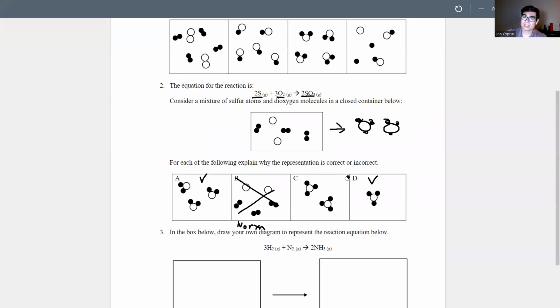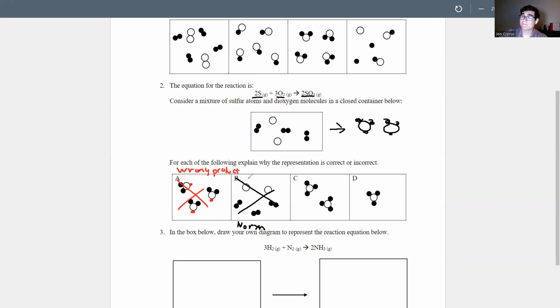So B just has the wrong stuff, but A, C, and D has the right stuff. Now the problem, oops, actually, I missed it. A does not have the right stuff. A is missing a third oxygen right there. So A is also incorrect. That's the wrong product.